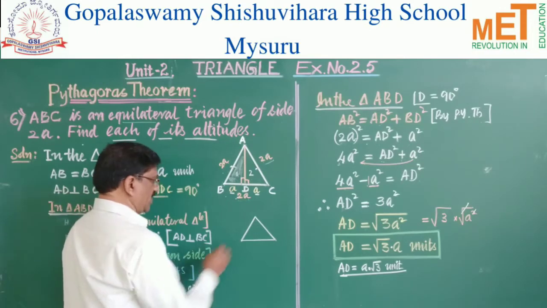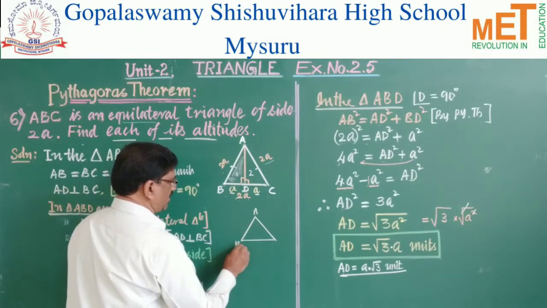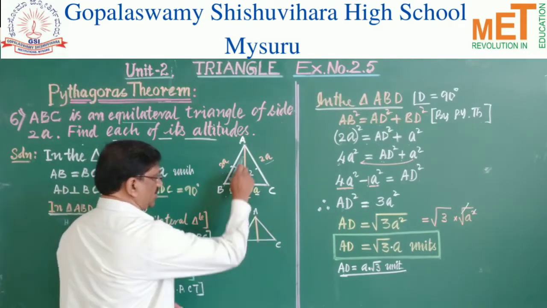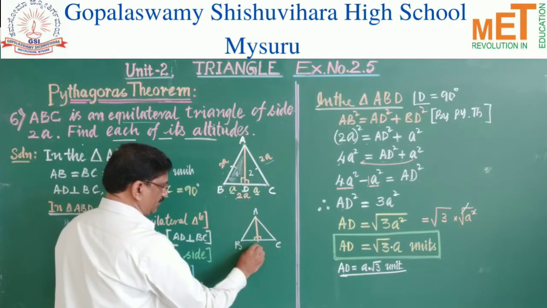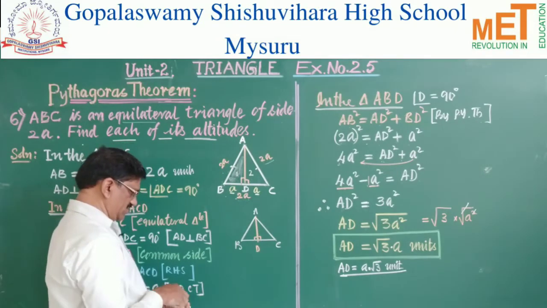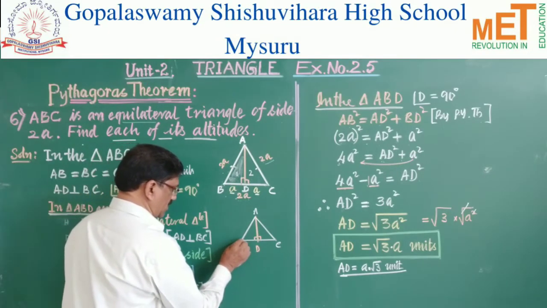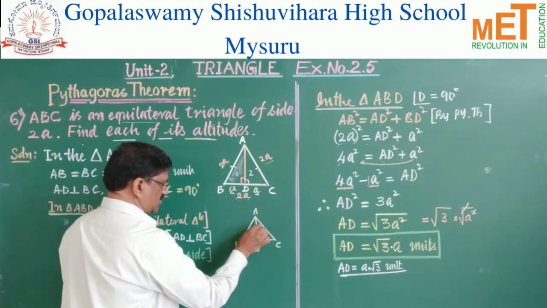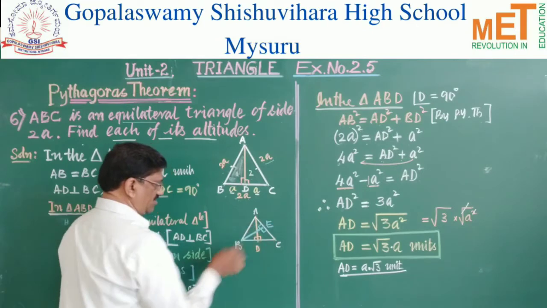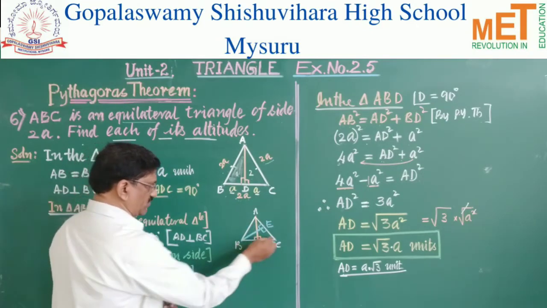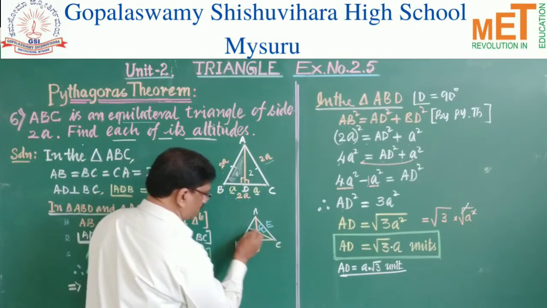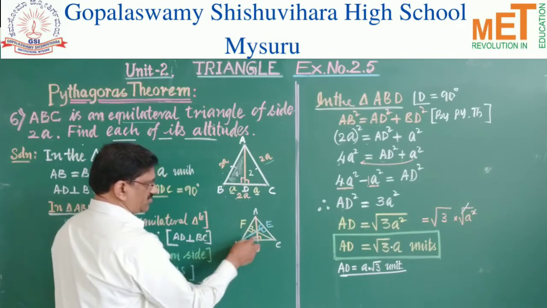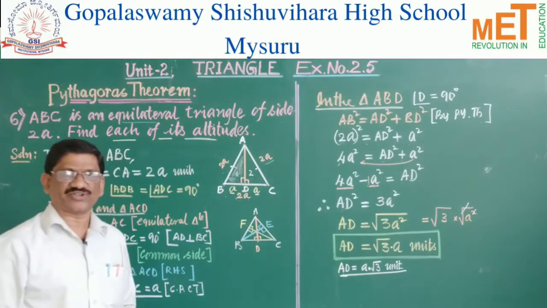Here you see, suppose it is A, B, C as the vertices, we have drawn here AD perpendicular to BC. Similarly, we can draw BE perpendicular to AC. So suppose you just imagine that it is E, and we can draw another one perpendicular. Here it is. So totally we can draw 3 perpendiculars in a triangle.